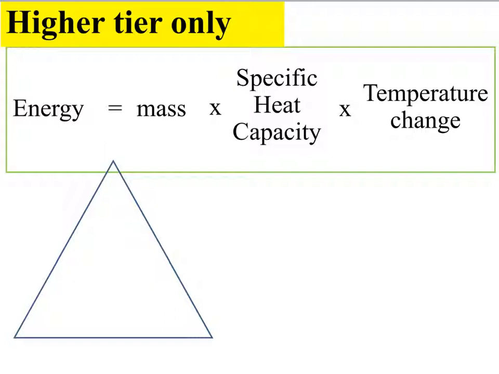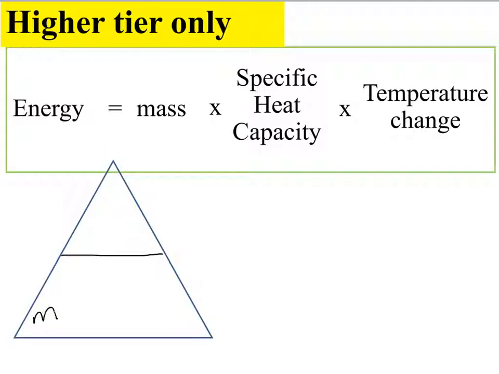Now the rules for writing an equation into a triangle are, if 2 things are multiplied in the equation, then they need to be multiplied together in the triangle, and if something is above the line in the equation, it needs to be above the line in the triangle. Okay, the second one's not relevant here, but the first one is. Now we've got 3 things here that are multiplied together, so they need to be multiplied together in a triangle, and that means they need to go at the bottom here.